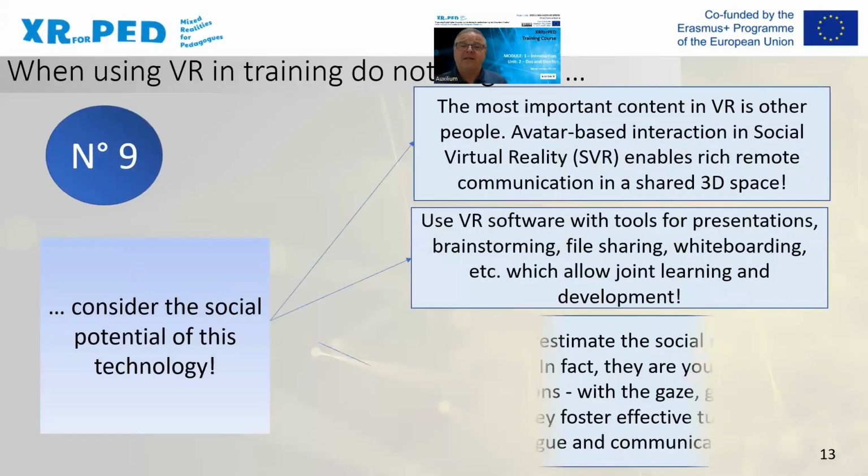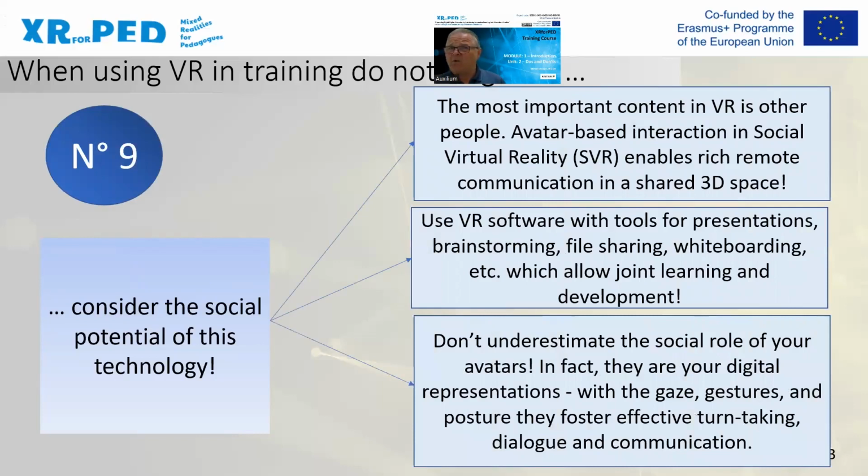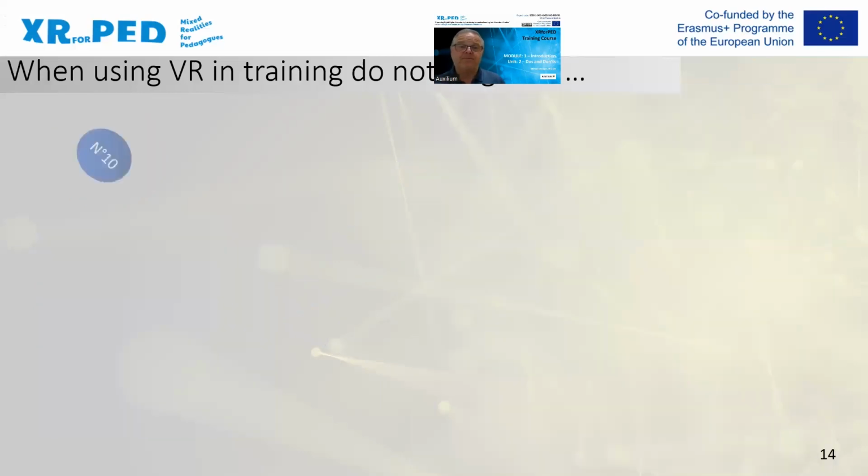Number 9, everybody thinks that being in a virtual reality alone with yourself is very isolating. But the opposite could be true. VR has a lot of social potential, and here you also have to think twice about what these benefits can be.